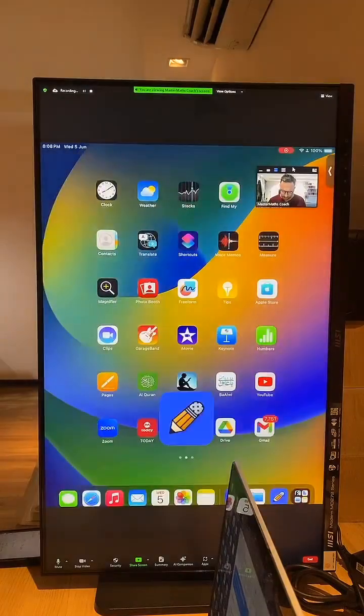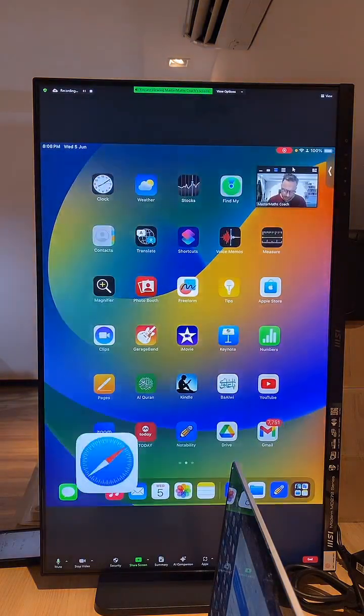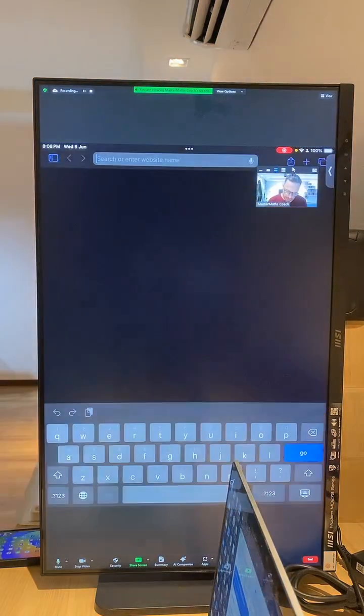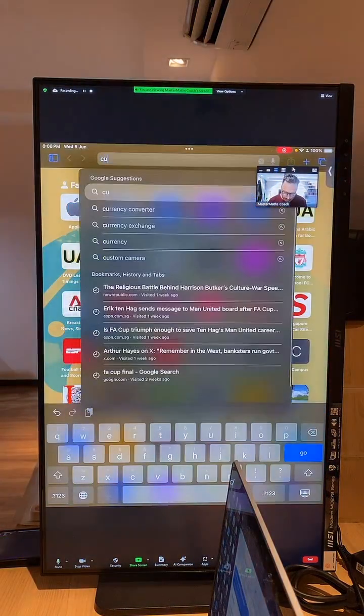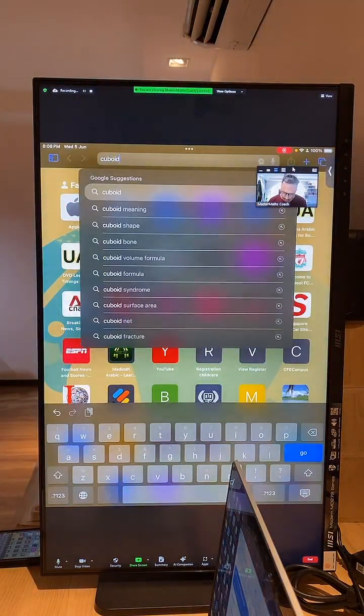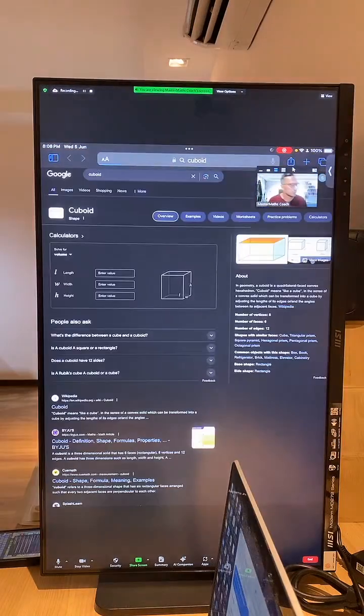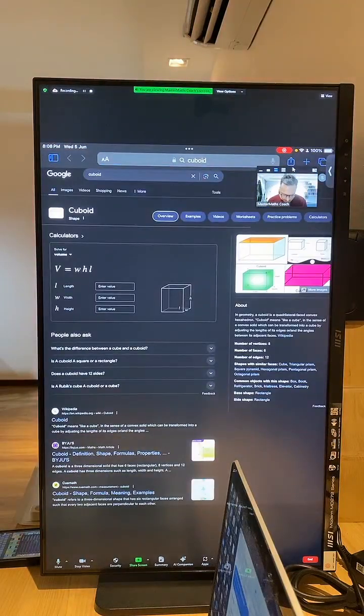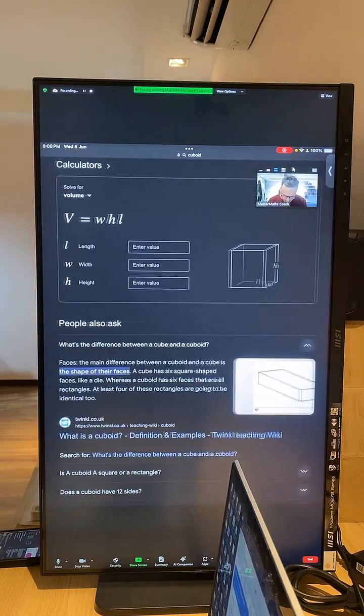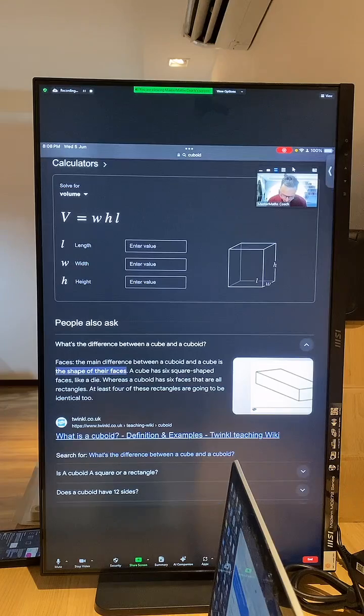Let's go and see what it says here. Cuboid. Okay, sorry, my mistake.